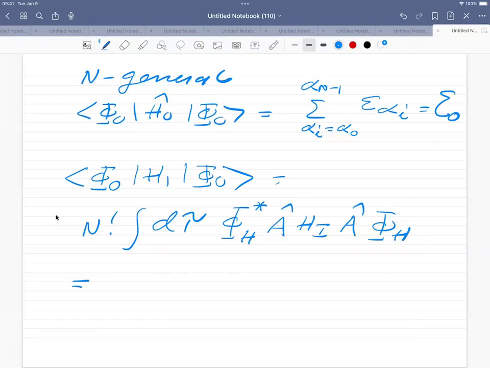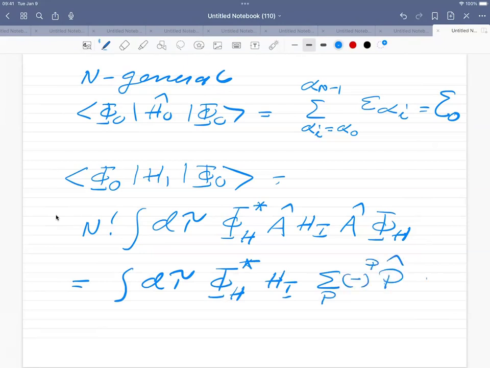And then we had A, and then phi of H. And this is something which we could rewrite as this integral over d tau. And then we have this product state of single particle states. And then we have H of I. And this is now acting on the sum over all permutations multiplied with this phi of H. So in order to gain some kind of intuition here, we did the two-particle case, which is, in a certain sense, a trivial case because we can actually do everything directly.